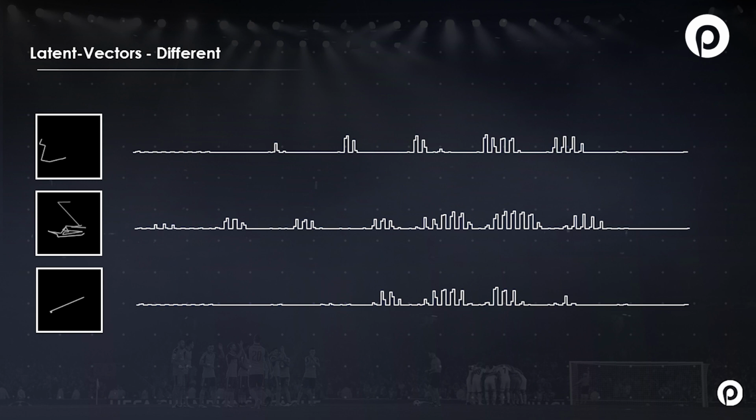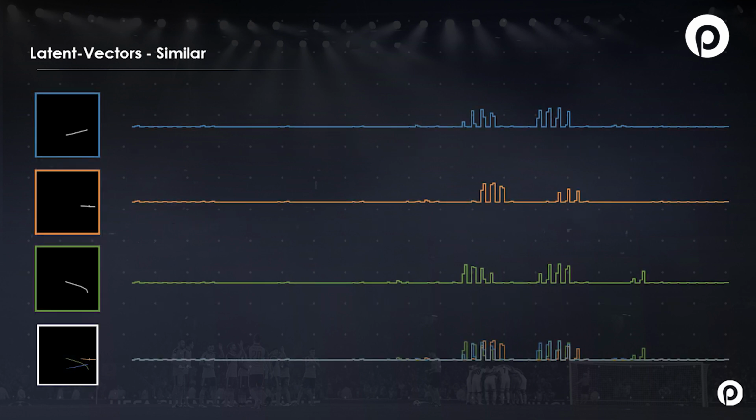You can see that 3 different sequences turn into 3 different latent vectors. And similarly, with 3 similar vectors, you can also see that there are some similarities within the latent vector. So now we're relatively comfortable that, admittedly with some loss, we have a representation at a lower dimension of the possession sequence, now at 256.